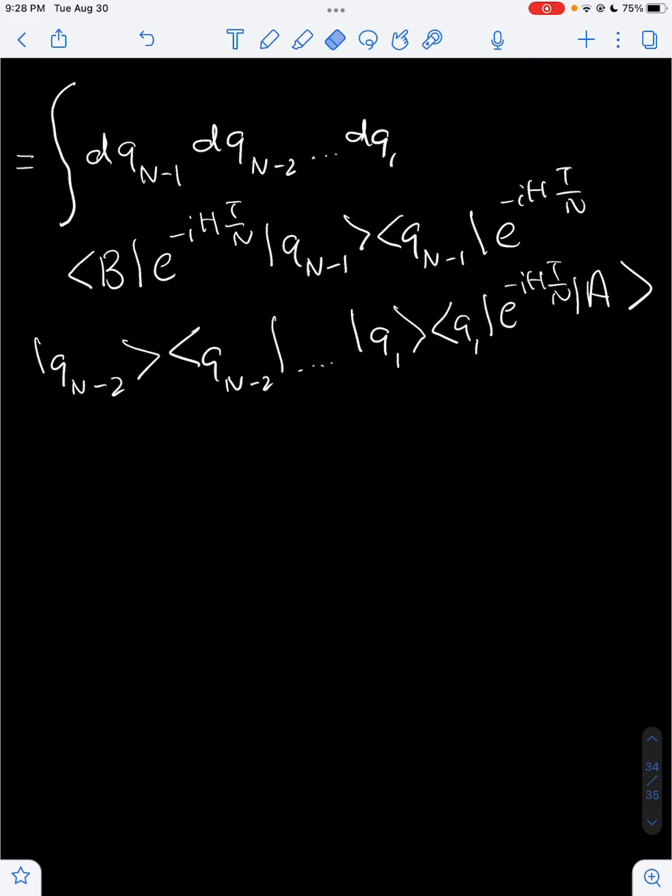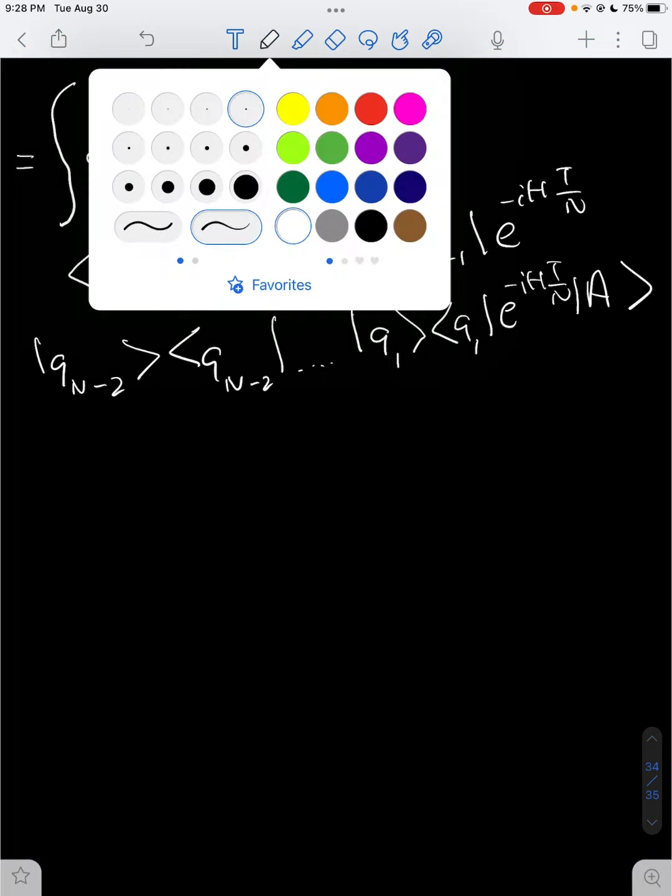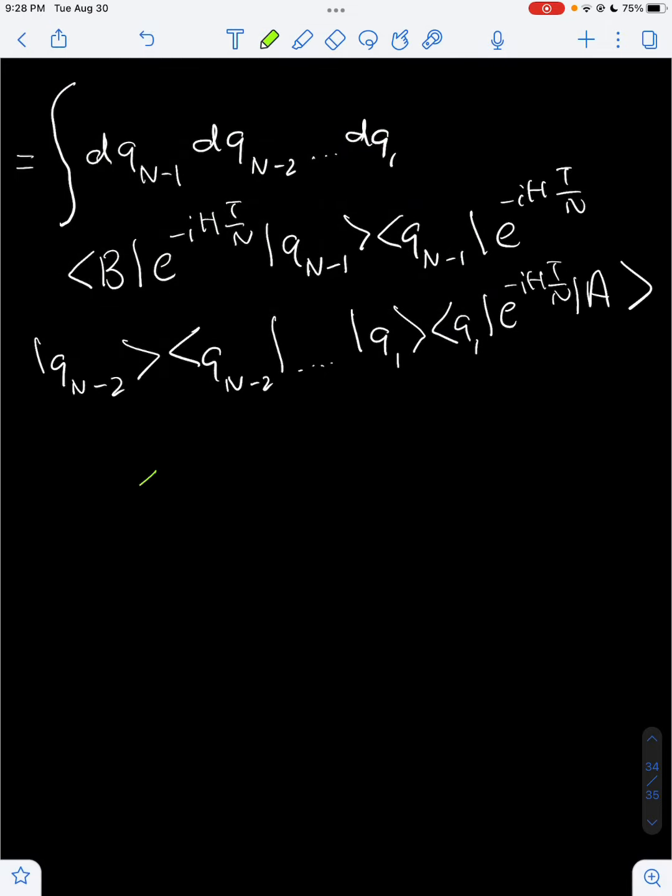Alright, so here is where the magic happens. We are seeing terms here that are of the form q_{j+1} times e to the minus i h t over n times q_j.